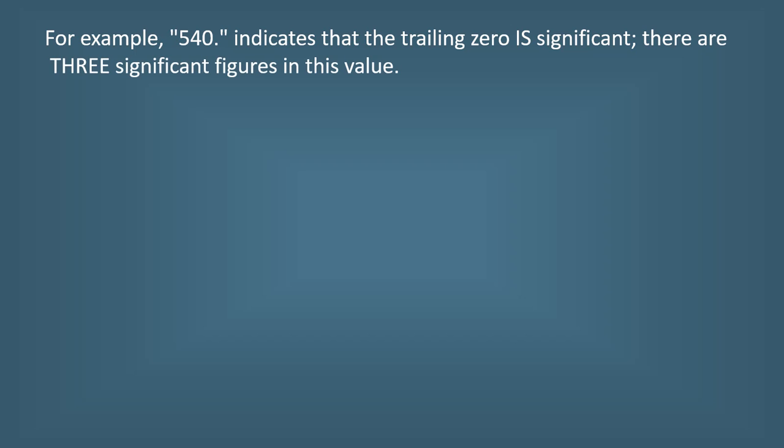There are therefore now 3 significant figures in this value. But if this point was not there, then this value would have had 2 significant figures. Because you put this dot there, it makes this zero significant.